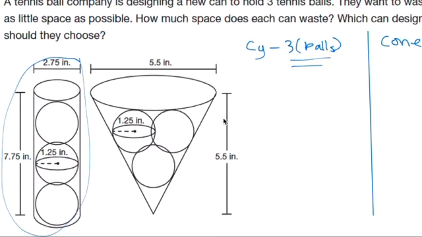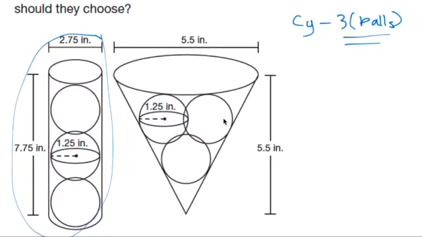Okay, so the first is a cylinder. The formula is pi r squared times height. We're finding total volume, so we put V T equals 3.14 times the radius, half of 2.75.